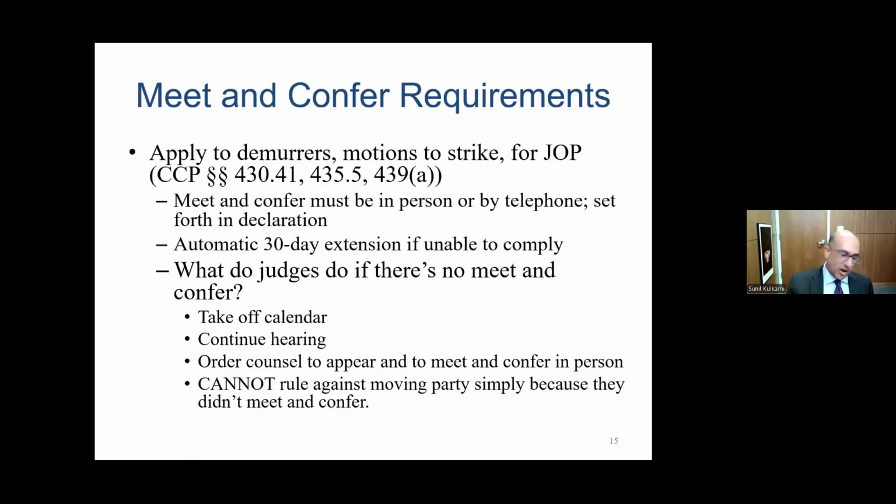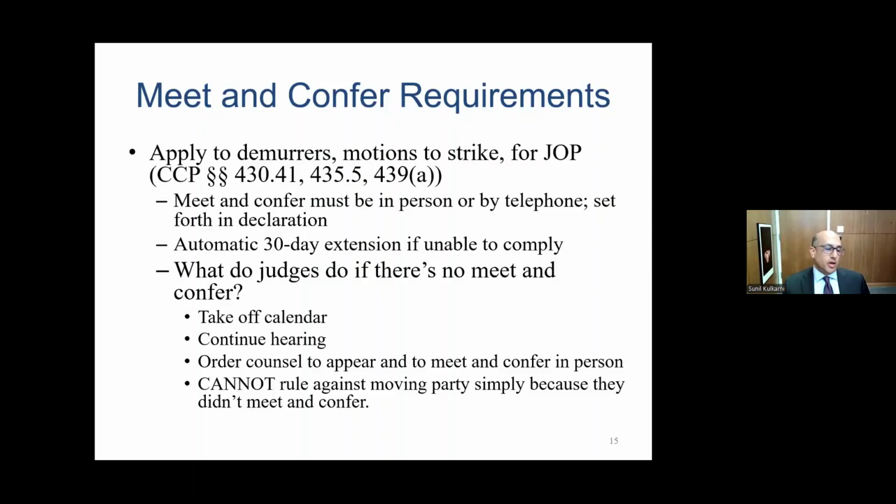No one's thinking about trying to compromise, which is why the CCP, the Code of Civil Procedure, talks about how this meet and confer needs to be done in person, by phone, by Zoom, and explain in the declaration exactly how that happened. And so really try to meet and confer. Sometimes it's not pleasant to do that, to actually have a conversation with someone you hate or someone on the other side who's unreasonable. But you've got to at least try.